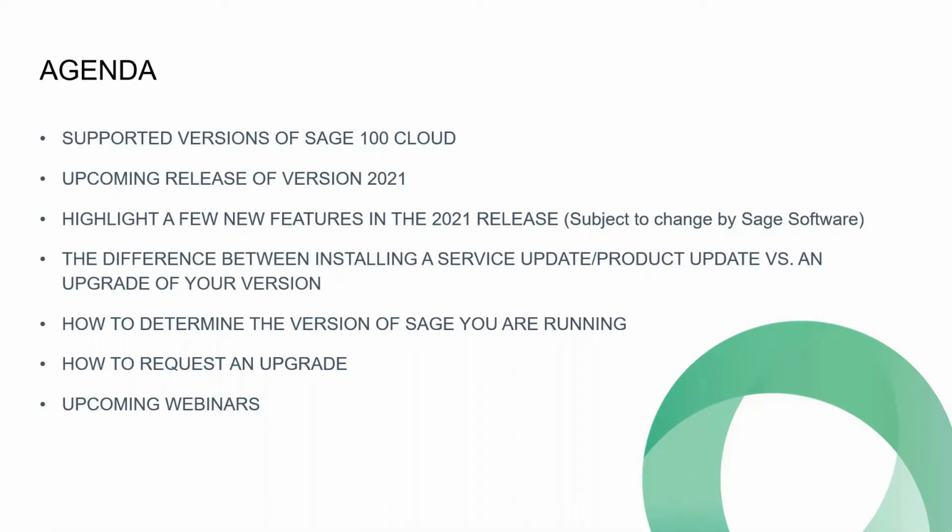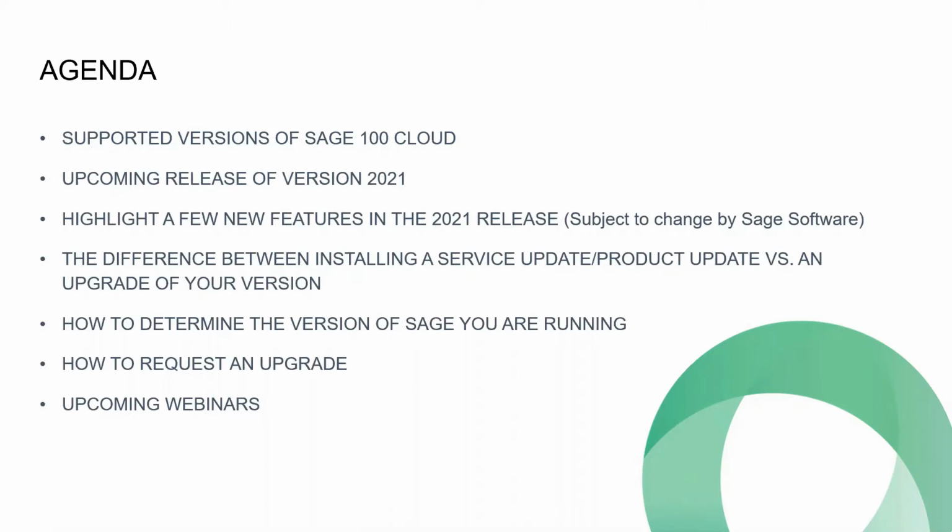But today we're going to talk about the current supported versions of Sage 100, the upcoming release of the 2021 version, which I believe will also be known as the 6.3 version. We're going to highlight a few of the new features that are slated to be in the 2021 release.